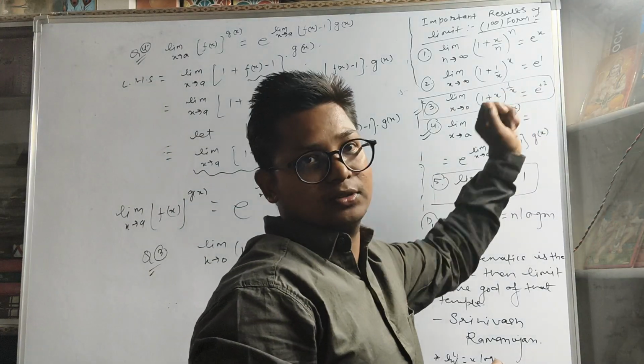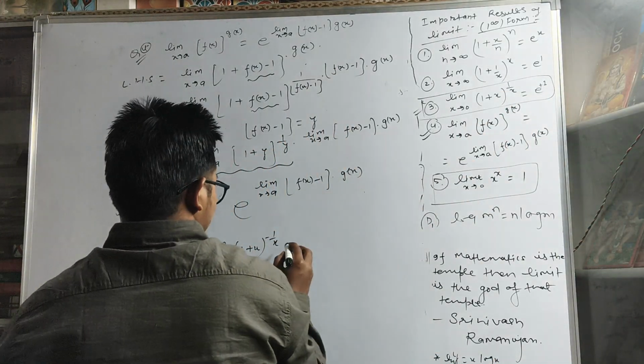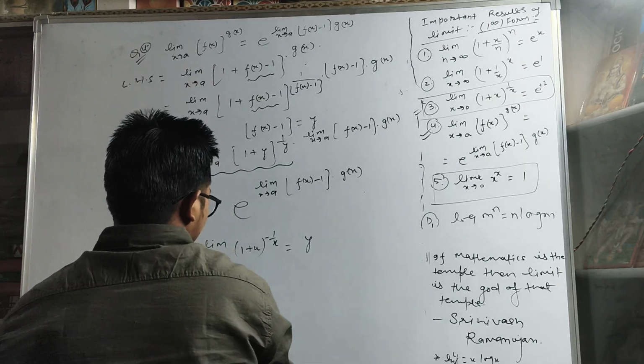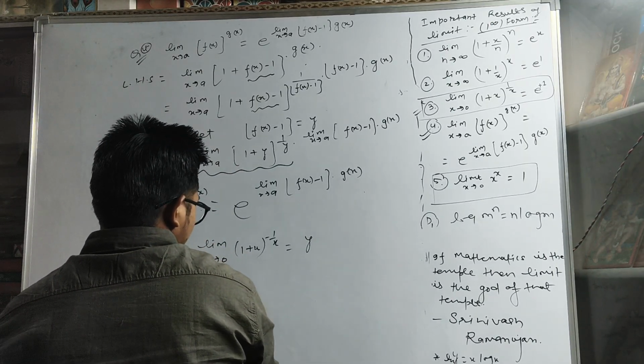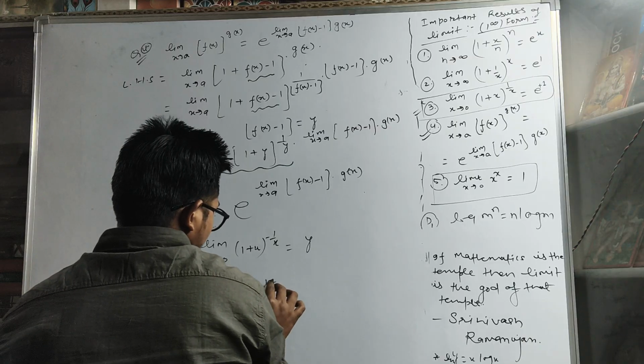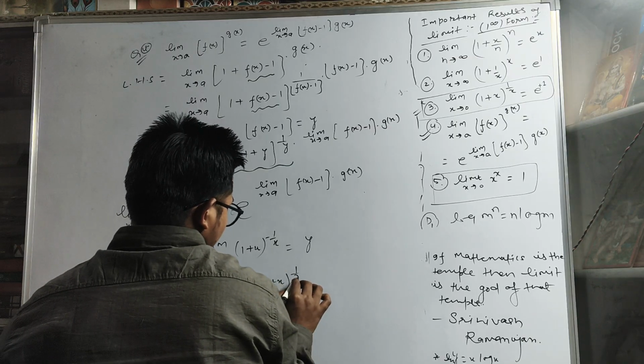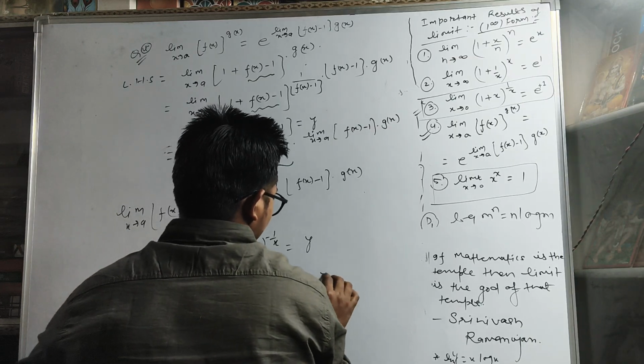This is with negative sign. So if we assume this y, on taking log on both sides, limit x tending to 0 of log of (1 plus x) whole to the power minus 1 by x equals log of y.